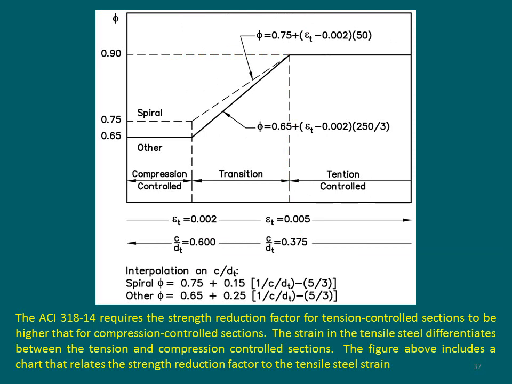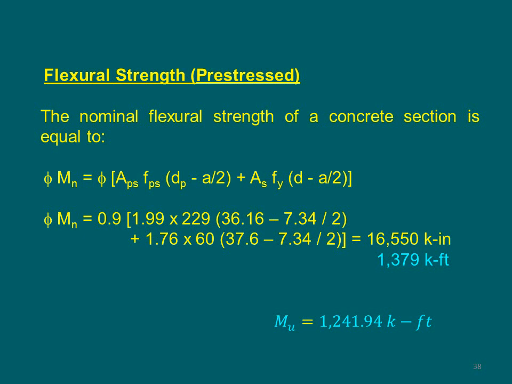Going back here again to the phi factor, since the strain is going to be much higher than 0.005 on the x-axis, it is going to be in the tension controlled zone, and the phi factor is going to be equal to 0.9. Now to determine here the flexural strength, which means phi Mn, it is going to be equal to the phi factor 0.9 times the first tension force coming from the strands, which is Aps 1.99 multiplied by fps that we just determined.